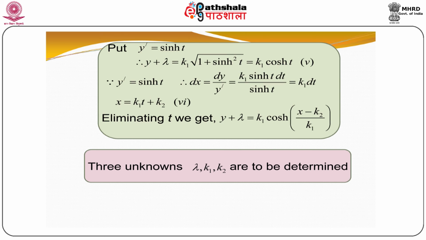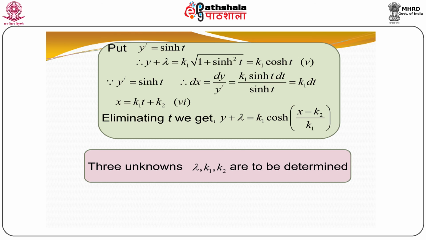On integration, this gives x equal to k1 into t plus k2, k2 integrating constant. After eliminating t from 5 and 6, we have this result. This is our desired curve, which is nothing but a catenary.